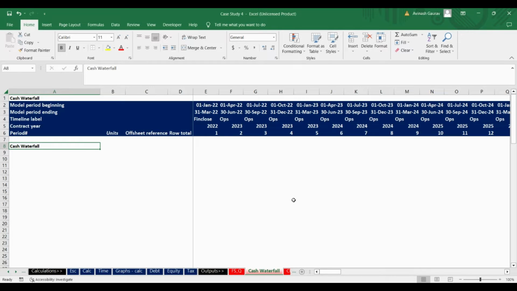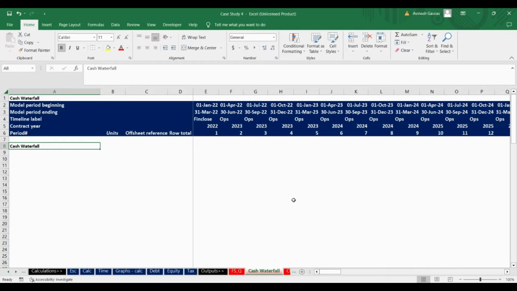On the basis of that document and those seniorities, this cash waterfall mechanism is built, right? But irrespective of any industry or sector, the mechanism and calculation techniques always remain the same for modeling cash waterfall in your model.